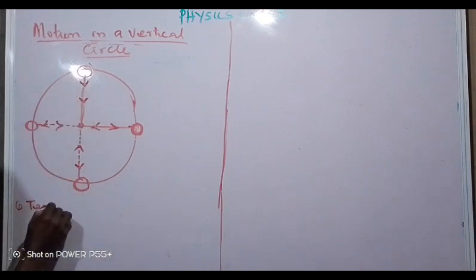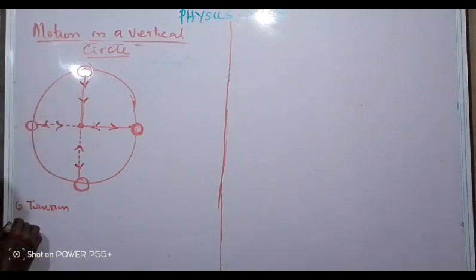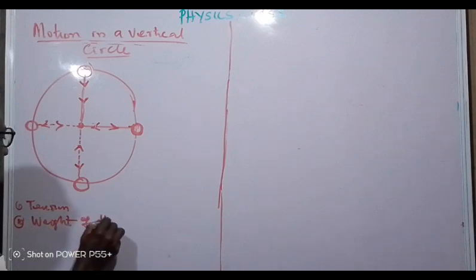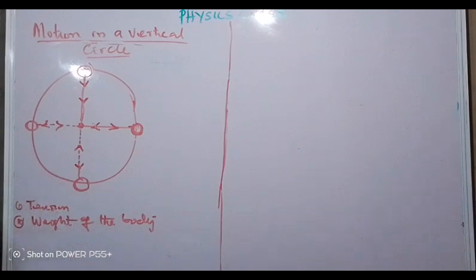on the spring. At the same time, number 2, weight of the object. I think the centripetal force will be given from the tension and the weight of the object.